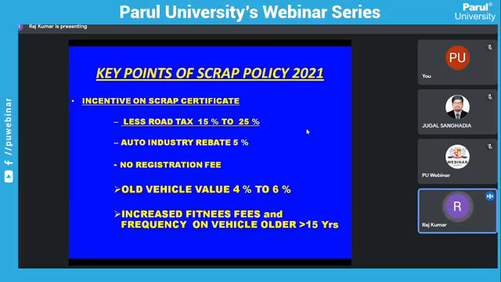That means 15% less on a private vehicle and 25% less on a commercial vehicle.